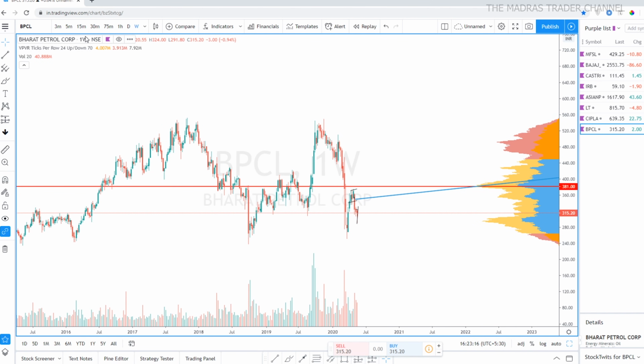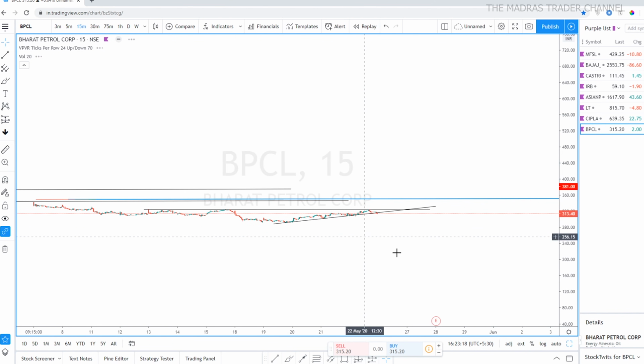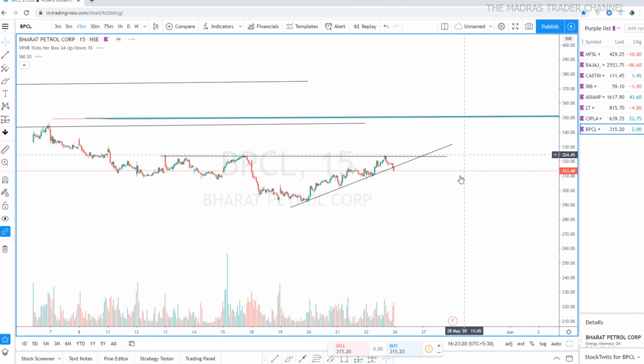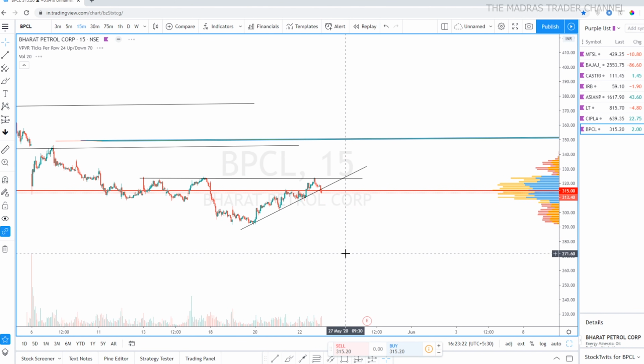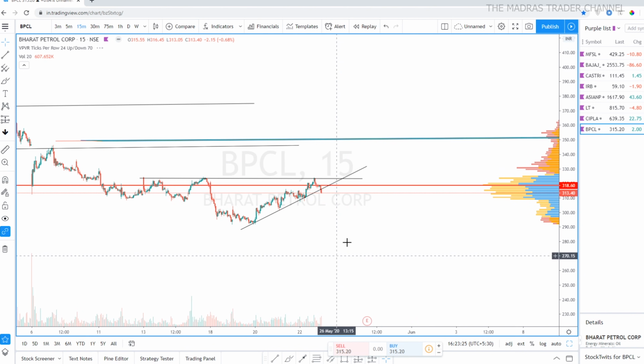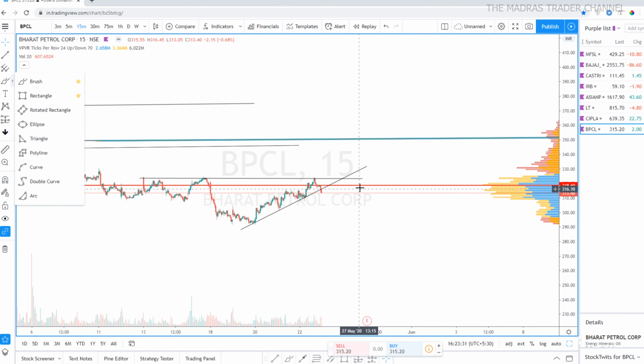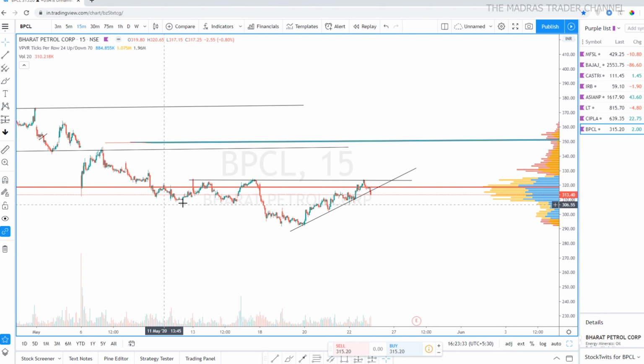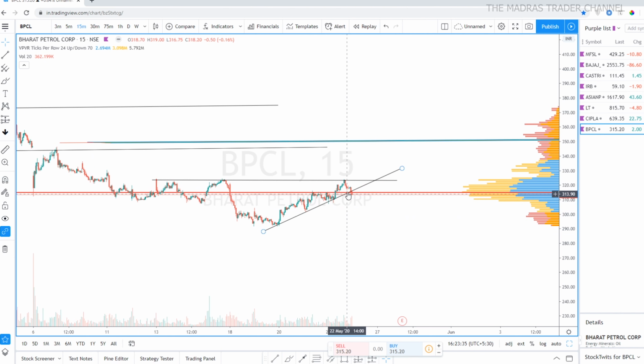And BPCL, probably I have to go for the 15 minutes time frame. Here if you notice, this is the point of control, and the majority of the transactions have happened at this particular point, and it is also breaking from the trend line.